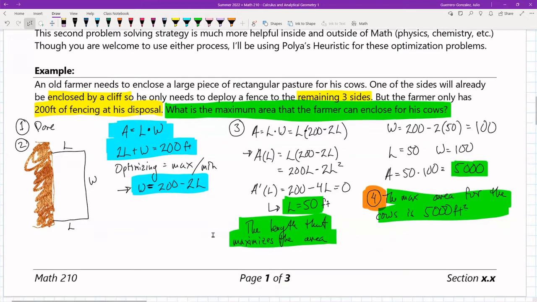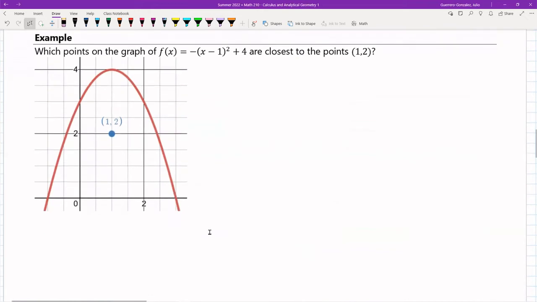This happens a lot whenever you need to mess with trajectories, where you need to minimize a distance. So which points on the graph of that right there are closest to the point 1, 2?